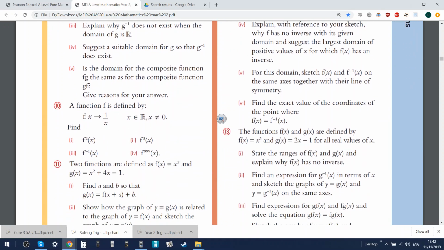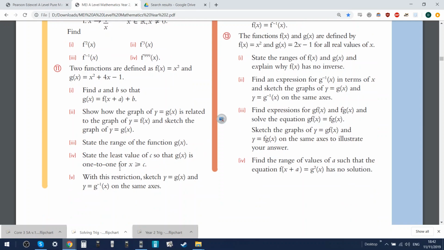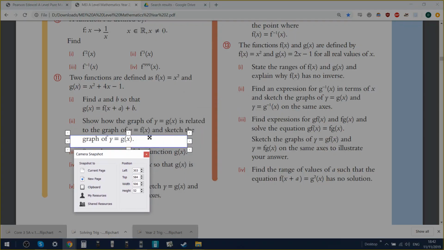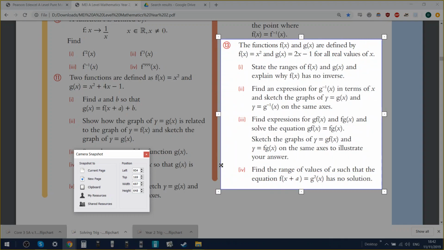Here's your sketch. Oh, that's not really composite functions. Find the expression. That's inverse functions. Okay, we'll just go for hard instead. We can do both. Let's go from there.